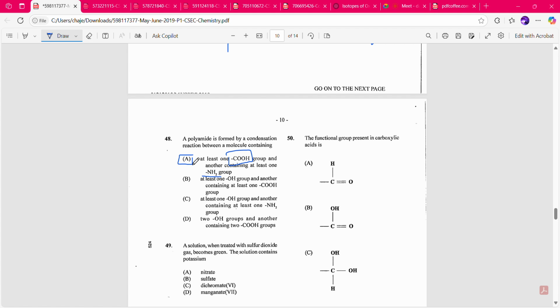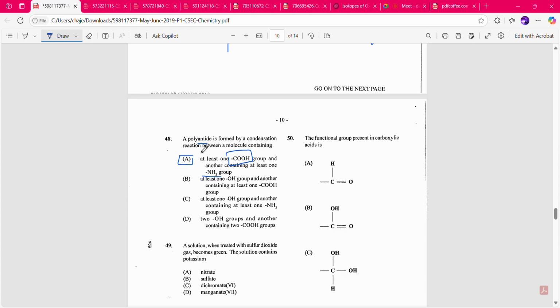A. At least one COOH and NH2. Once I see amide, I'm thinking about amine, which the functional group is NH2. And polyamides are, for example, I think they're the synthetic proteins, and proteins are amino acids, right?